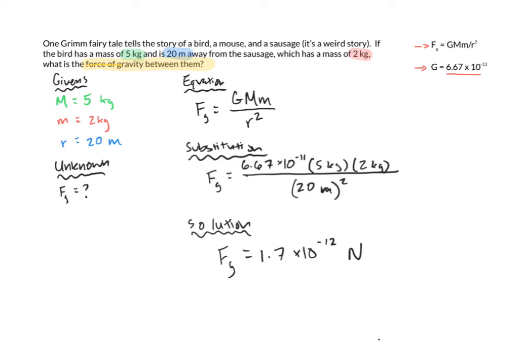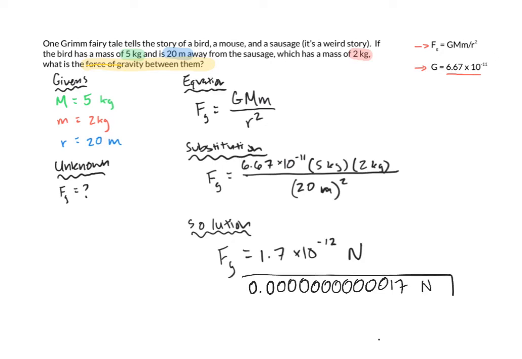And remember, when we're going from scientific notation to decimal notation with a negative exponent, we are going to move our decimal point 12 places to the left and fill all those extra spaces with 0. So you guys can try this on your own, but I'm going to write out what that will look like. So we've got 0.1, 2, 3, 4, 5, 6, 7, 8, 9, 10, 11 zeros, 1, 7 newtons.